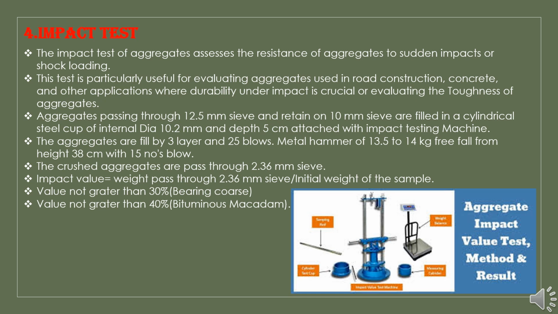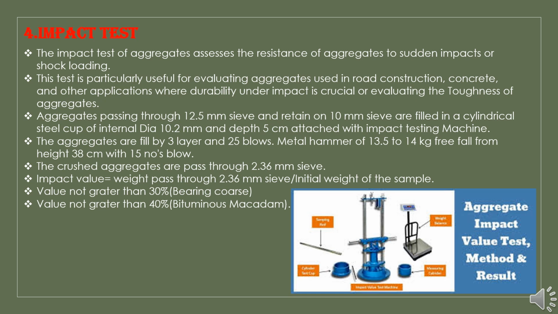The aggregate passing through a 12 mm sieve and retained on a 10 mm sieve is used in this method. First, these aggregates are filled in a cylindrical steel cup of internal diameter 10.2 mm and depth 5 cm attached to the impact testing machine. The aggregate is filled in 3 layers with 25 blows.